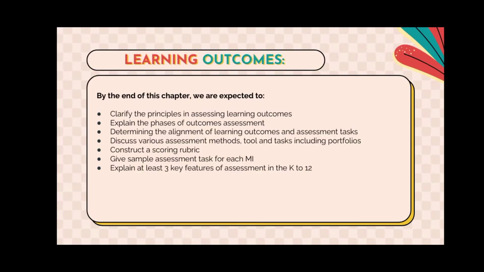By the end of this chapter, we are expected to clarify the principles in assessing learning outcomes, explain the phases of outcomes assessment, and determine the alignment of learning outcomes and assessment tasks, and discuss the various assessment methods, tools, and tasks, including portfolios, and construct a scoring rubric, and also give sample assessment tasks for each MI, and explain at least 3 key features of assessment in the K to 12.